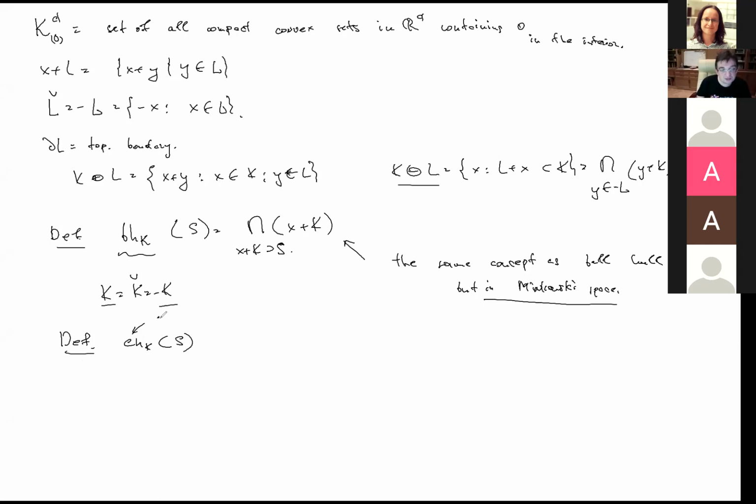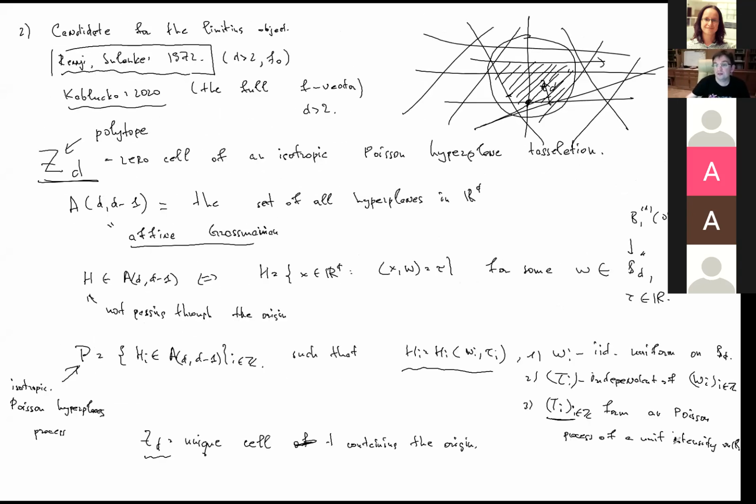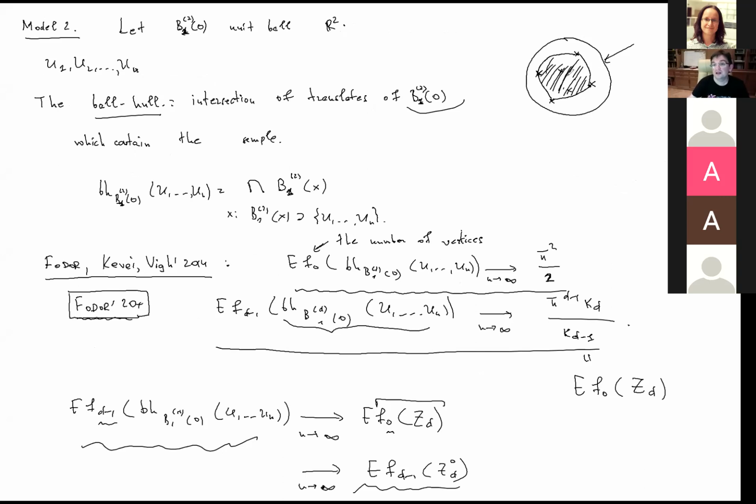CN stands for centers. So in this definition of ball hull, right, we take all translates, and the set of these x's such that the translate contains S is called the centers. So on this picture, CN of B1 to 0, this is the set of centers such that the translate of a ball contains this sample.